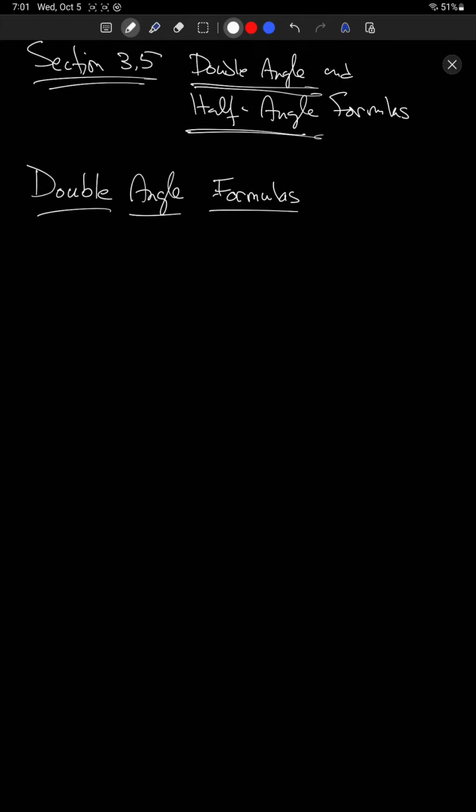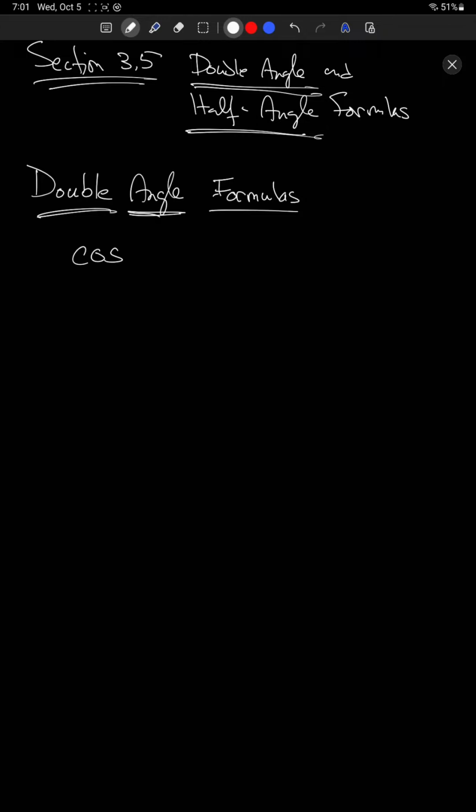We'll talk about that right after we do this. So double angle formulas, the idea here is if I know cosine of x, and our book at this point has switched to using x's in the identities instead of alphas and betas, so I'm going to follow that just to keep consistency with the book.